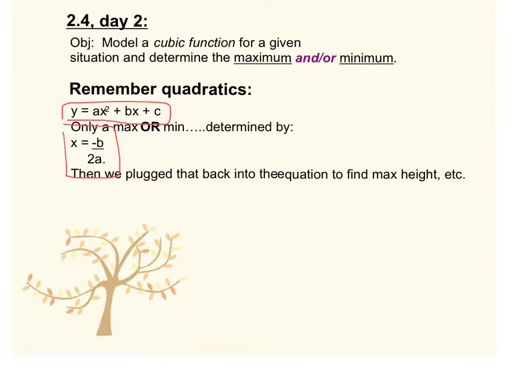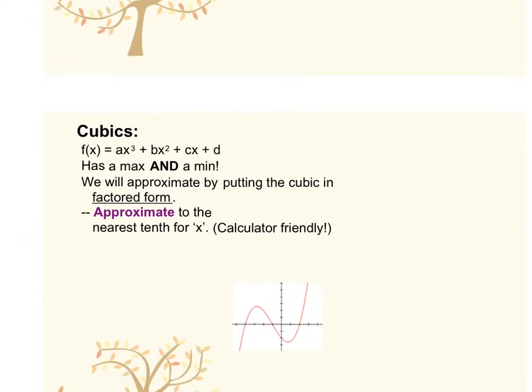Okay. Now what you're going to see with cubics, we don't have a nice little pattern like this, so we have to go about it much differently. We don't have a little pattern that's going to take us right to the point, so a little bit more work will be required, but it's a pretty straightforward method of finding them.